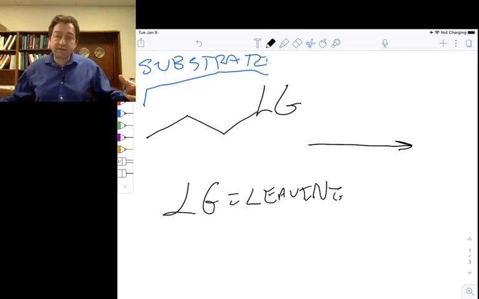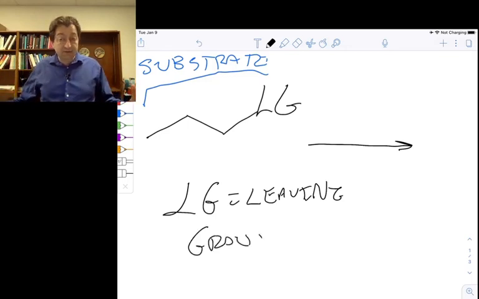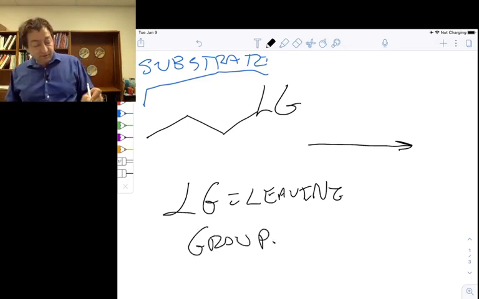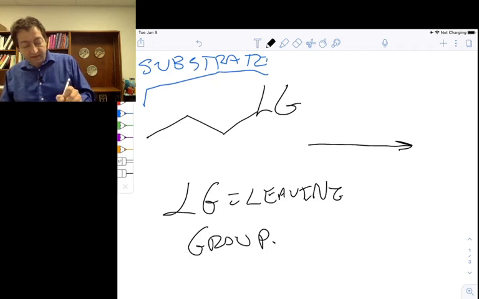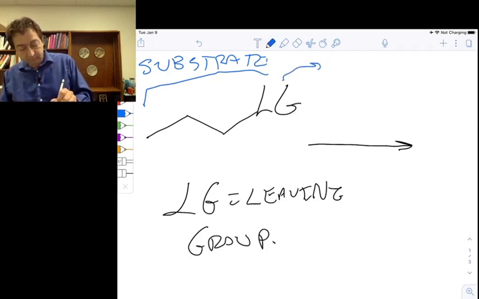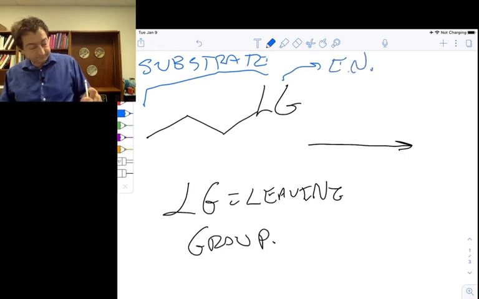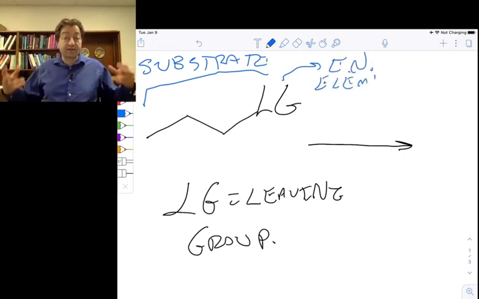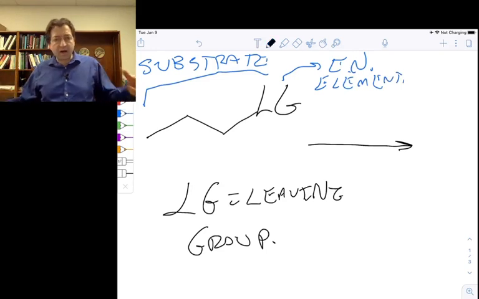We'll talk in some more detail a little bit later about what makes a good leaving group, but in general, a good leaving group is an electronegative element of some kind. As we'll see, sometimes oxygen, sometimes one of the halides, a couple of other variations, as we wrap this up at the end of the chapter material.